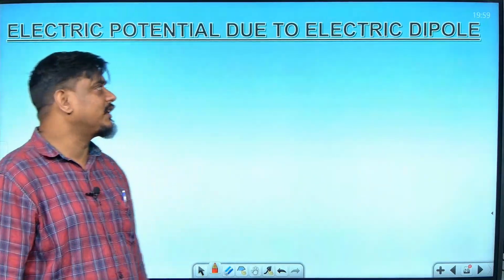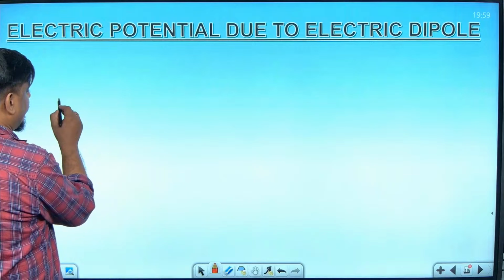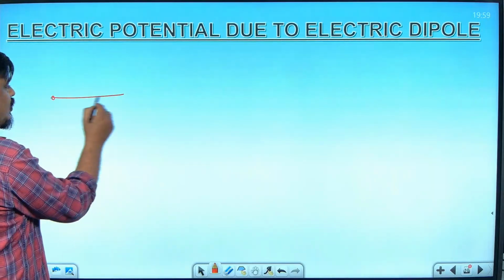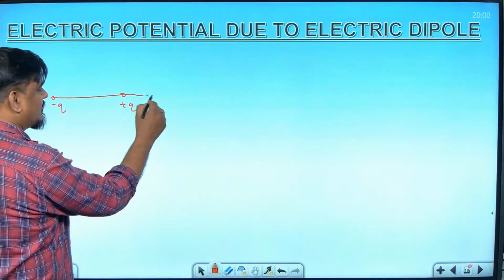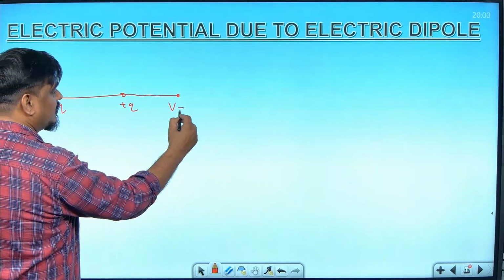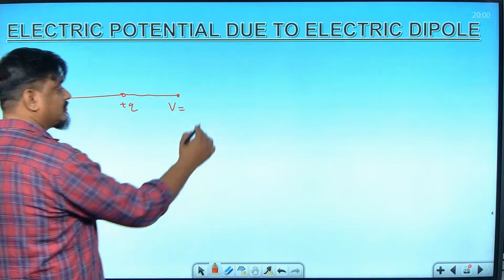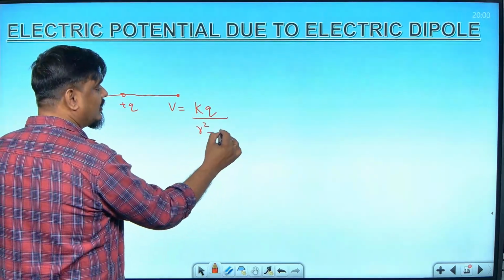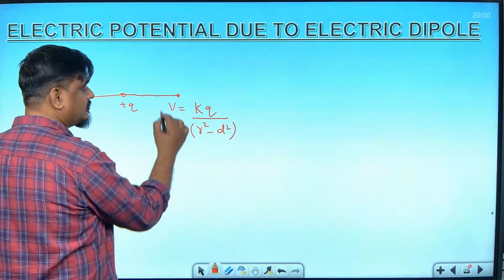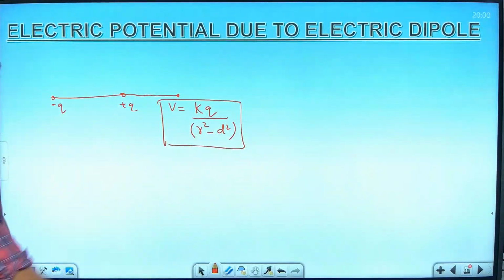In the case of electric potential, the value of electric potential due to electric dipole at an axial point is how much? Anybody remembers? What is the value? V is equal to K Q by R square minus D square, isn't it? Check, this is the derivation.